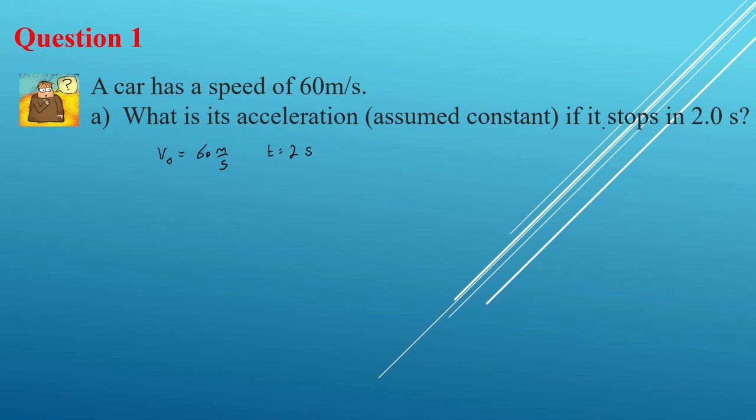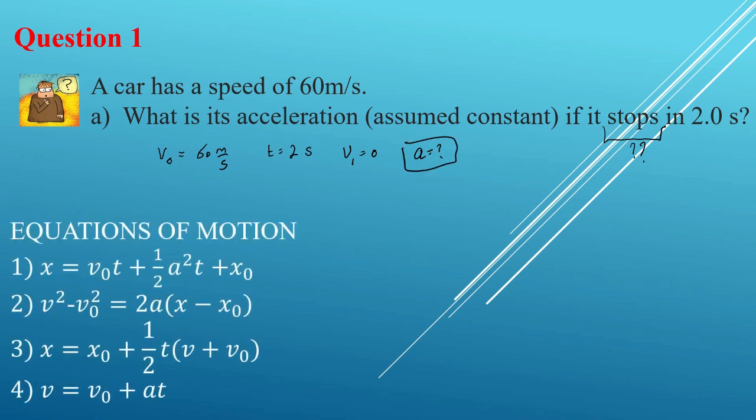But pay attention to this word: it stops. What does that mean here? If it stops, that means my V1 is gonna be 0, right? Because if it stops, there is no velocity in there, right? And it's asking about the acceleration, right? So we're looking for the acceleration.